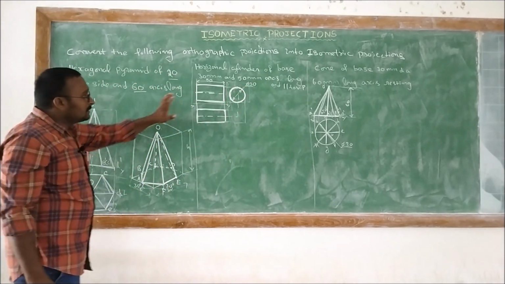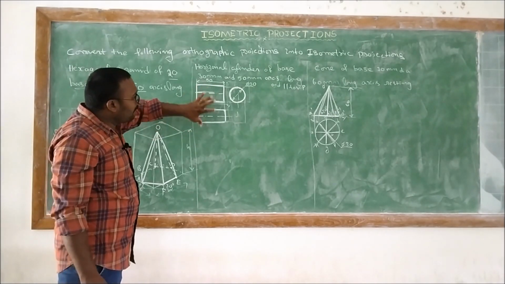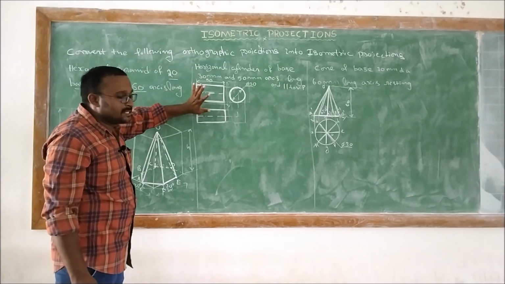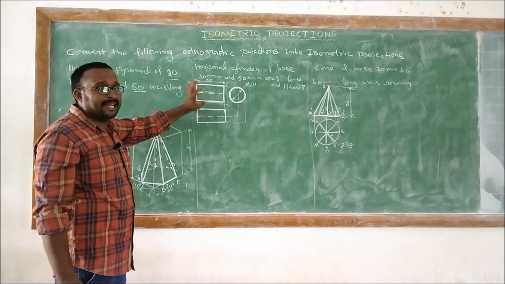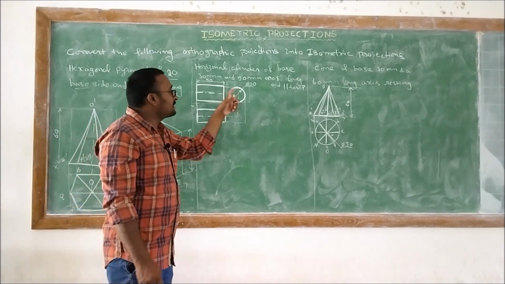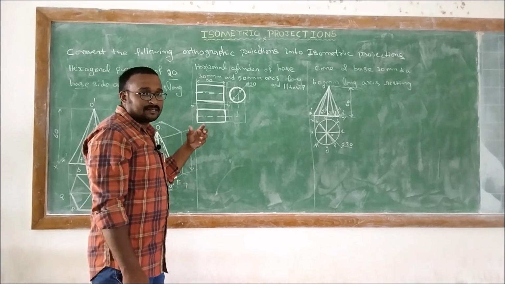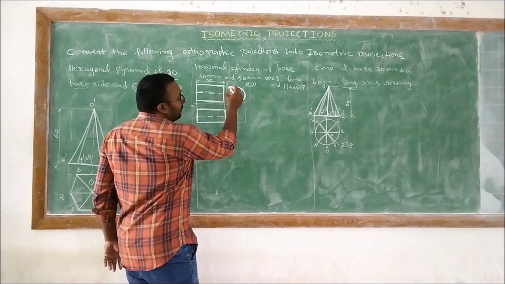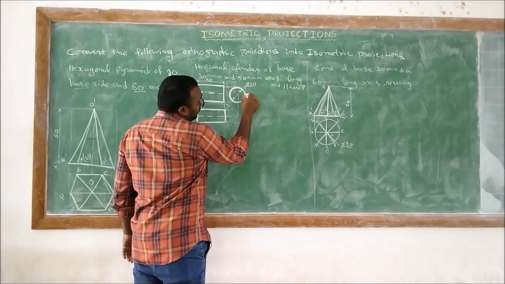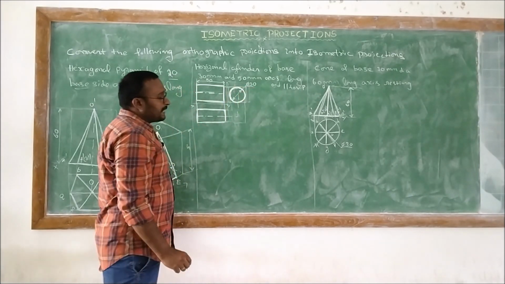In the front view and top view, we have all vertical and horizontal lines, that means isometric lines. But in the side view we don't get isometric lines because it's a circle. These are non-isometric lines, so they must be converted into isometric lines by drawing an outside box.